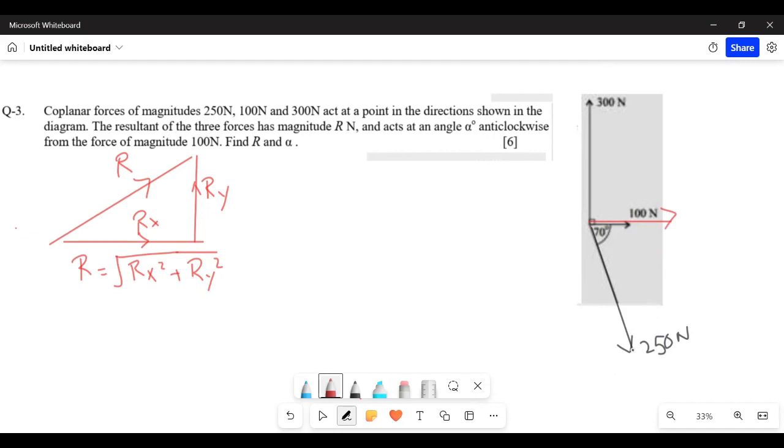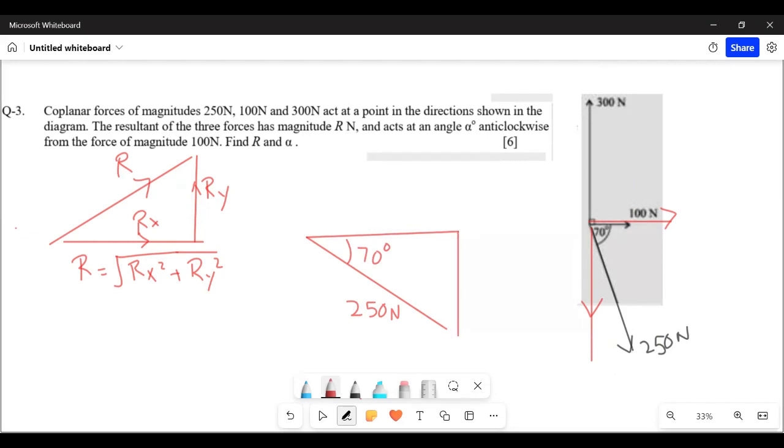And the vertical one I'm drawing here instead. Okay. So there's a 250 newton force. There's a 70-degree angle. And this is our complete right angle. So the opposite component is going to be the sine component.